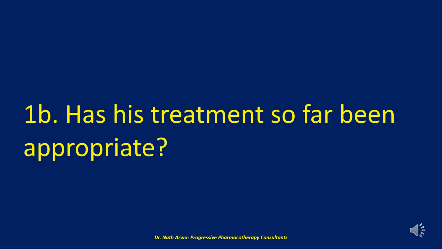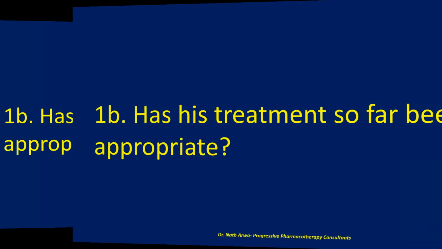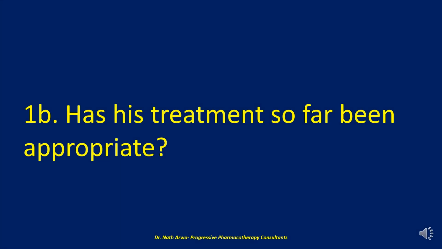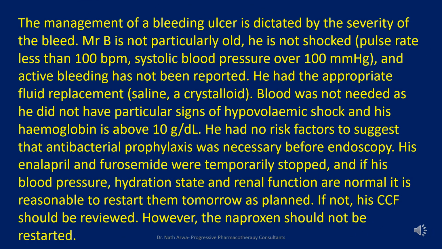Question 1b reads: has his treatment so far been appropriate? The management of a bleeding ulcer is dictated by the severity of the bleed. Mr. B is not particularly old. He is not shocked.